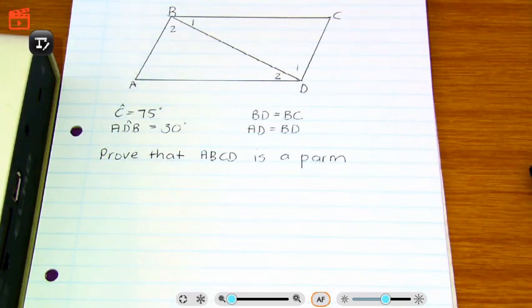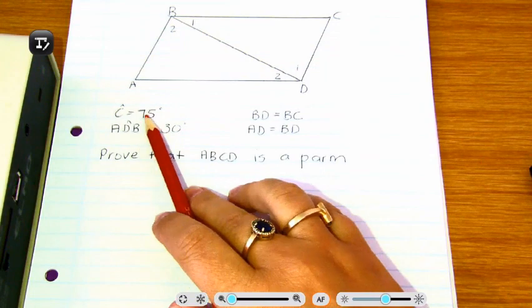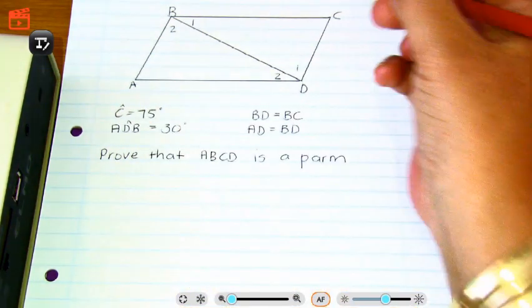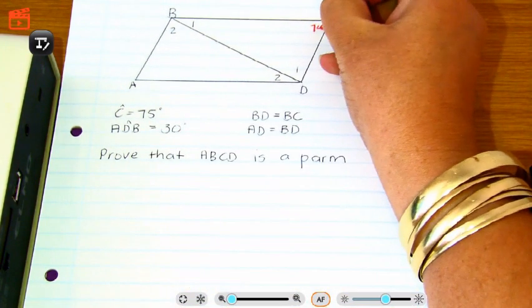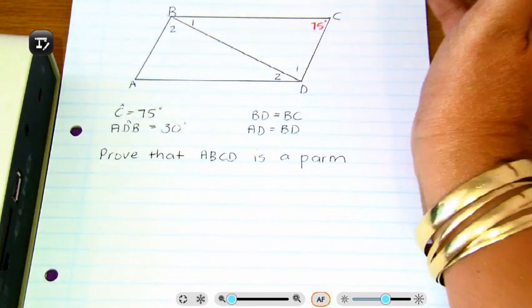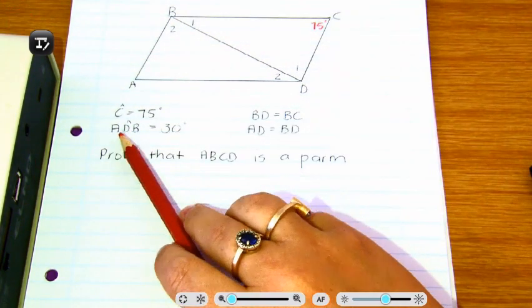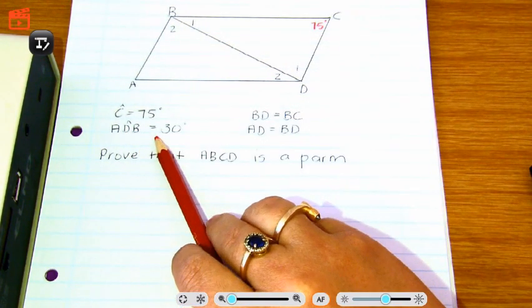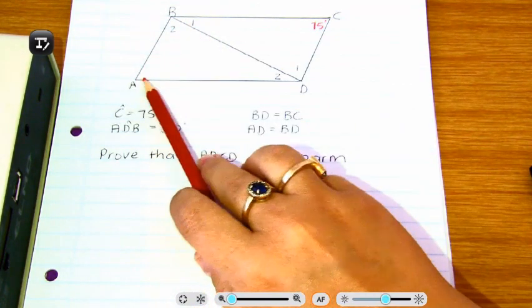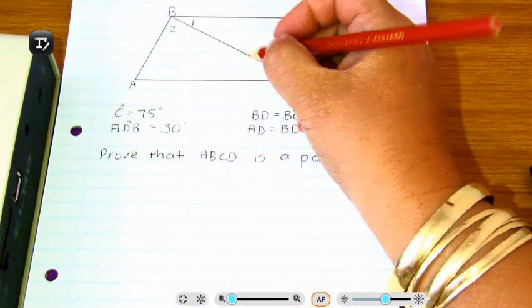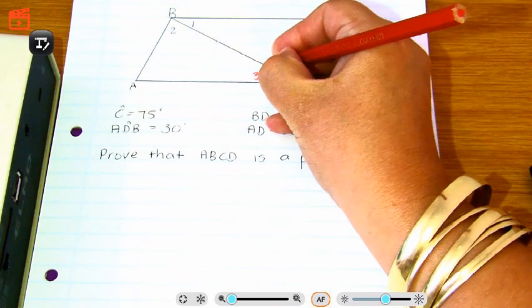So the first thing they tell us is that angle C is equal to 75 degrees. So I'm going to fill that in, 75 degrees. They also tell us that ADB is equal to 30 degrees. So ADB, that's this one, is equal to 30 degrees.